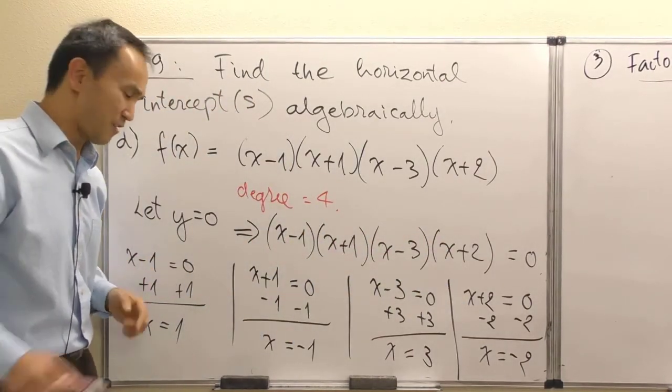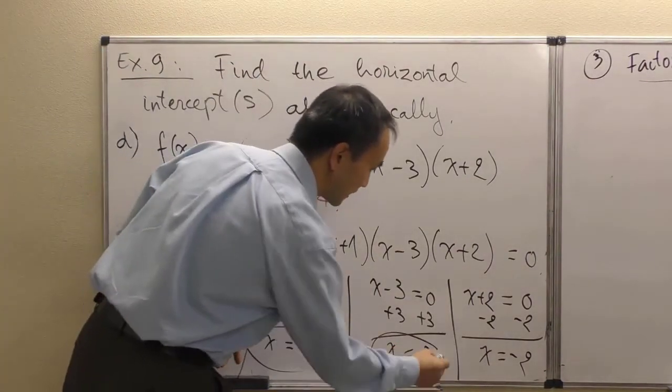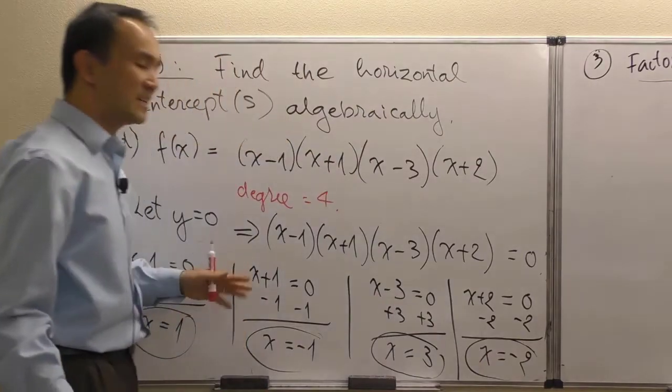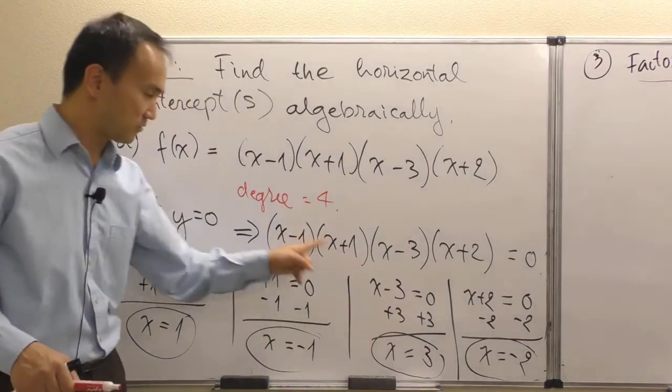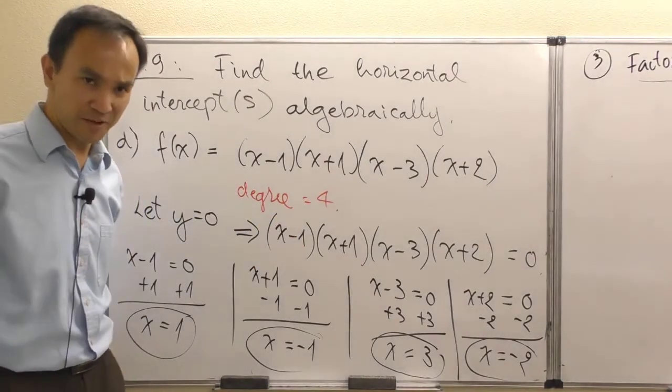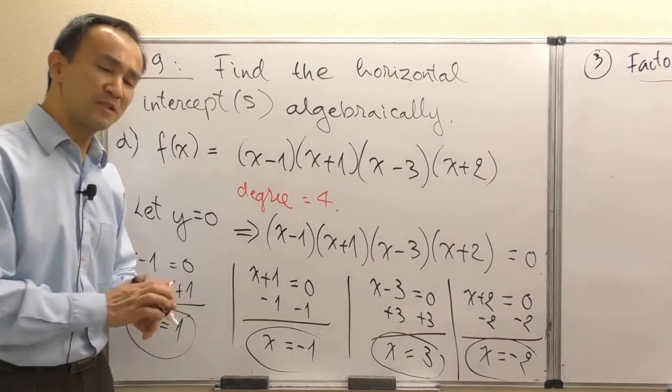We found them all here, and we want to look for consistency between the number of intercepts we found and the degree. I'll make that connection in a later step after the next couple of problems.